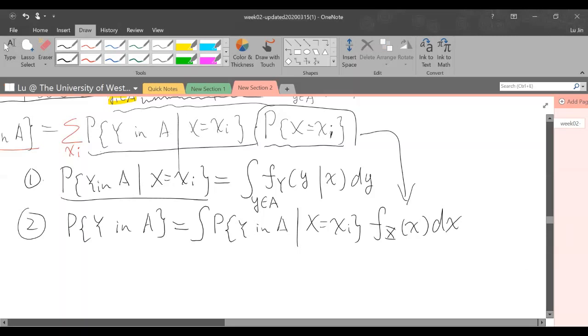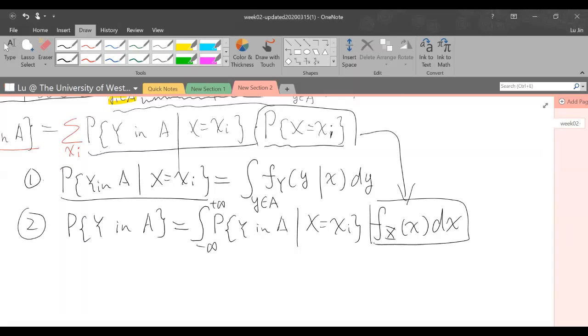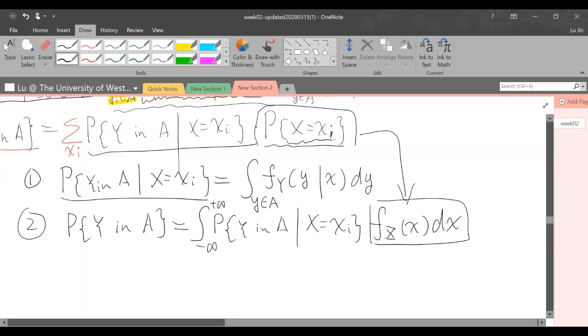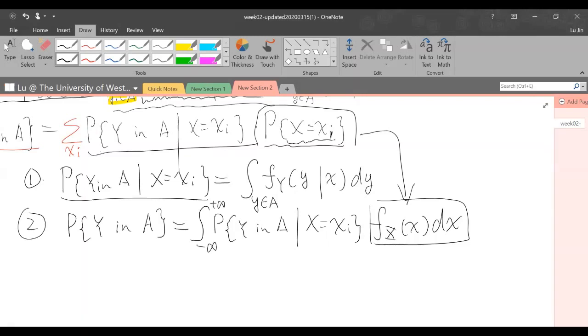The x value is from negative infinity to positive infinity. Just that. Finish. Okay, I think this part is not new because in our previous discussion we have talked about this many times. If the random variable is continuous, then at a particular point, the probability is equal to the marginal PDF, or just the PDF, times the small division, dx. Okay, so this is what we discussed.